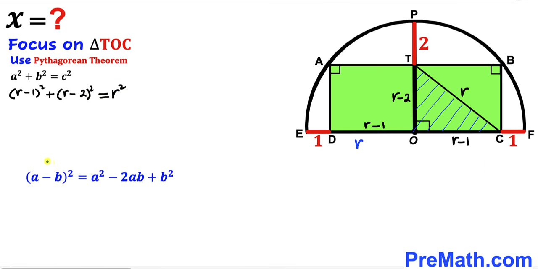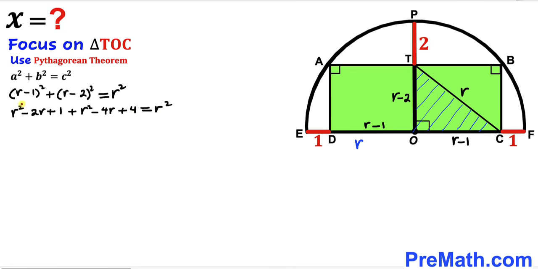Now let's recall this famous identity: (a minus b) whole square could be written as a square minus 2 times ab plus b square. We are going to apply this identity on both of these binomials on the left hand side. So therefore we can write r square minus 2 times r plus 1, plus likewise r square minus 4 times r plus 4, equal to r square.